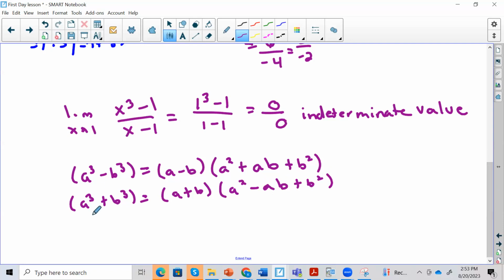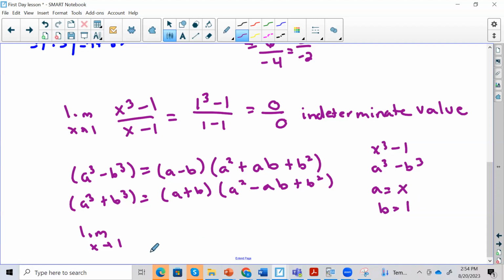So we need that to be able to factor this top. So when I factor x cubed minus 1, this is my a cubed minus b cubed. So a is just x, because x times x times x gives me x cubed. And b, the cube root of 1, or what times itself 3 times is 1, is just 1.